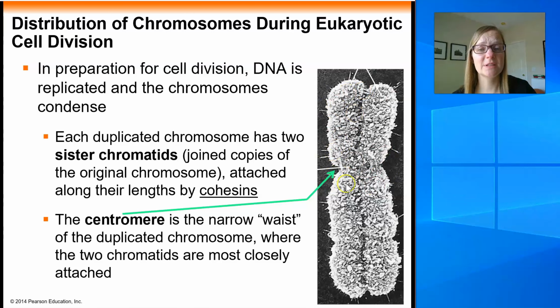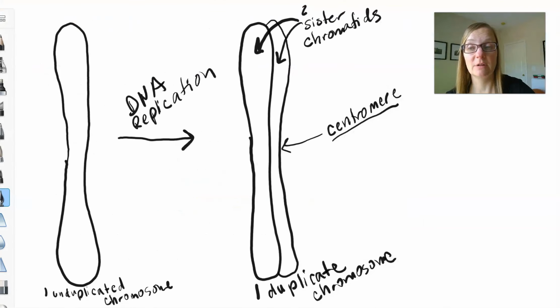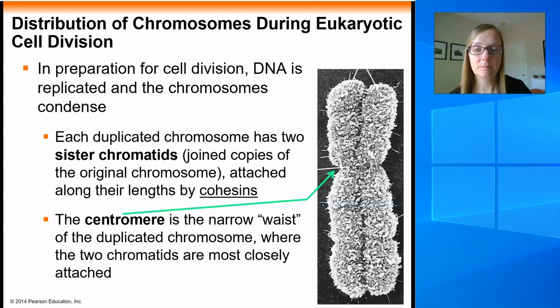And the sister chromatids are held tightly together by proteins called cohesins. If we go back to our little figure here, I like to think of cohesins as little rubber bands that are holding the two sister chromatids really tightly together.